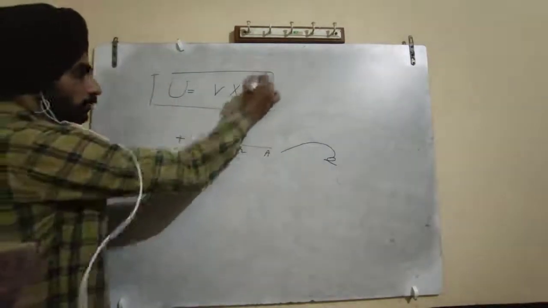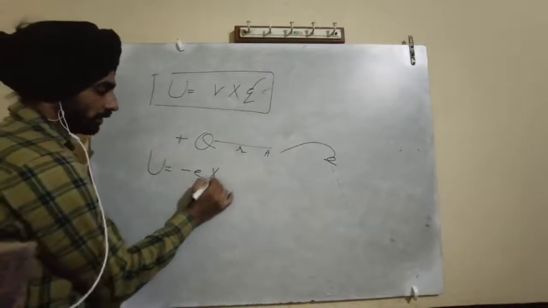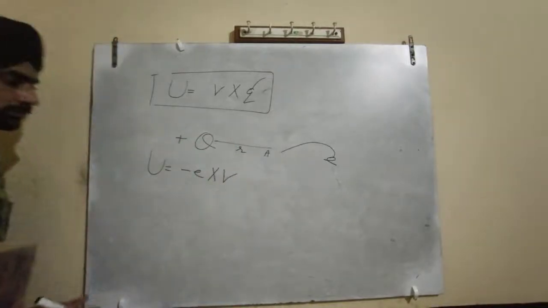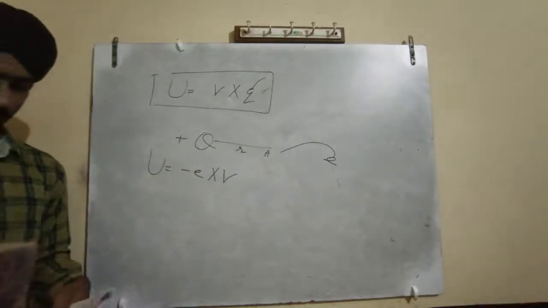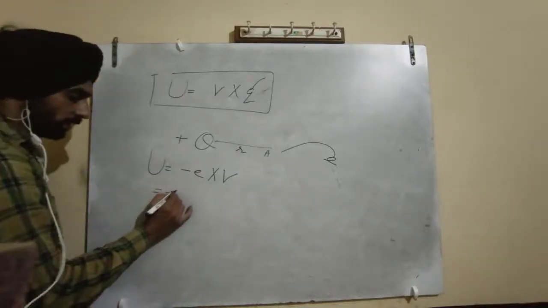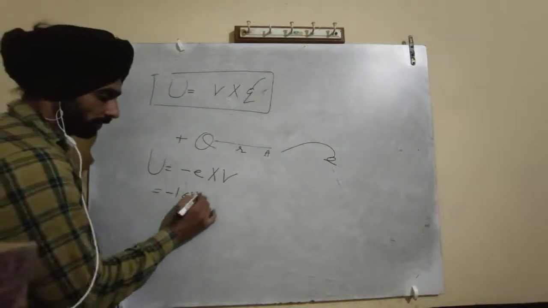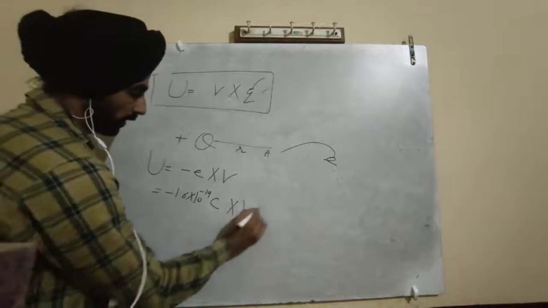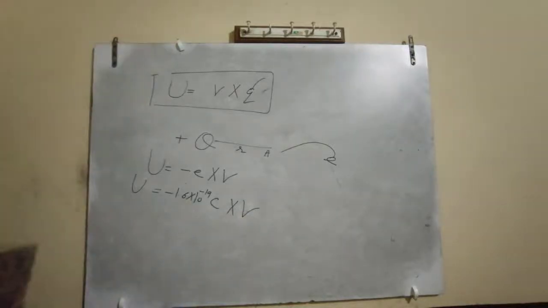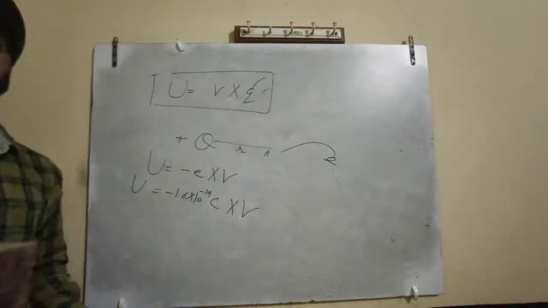What will be the charge on the electron? Minus e into V, the potential at A. So this will be the energy stored in an electron. Remember this thing. And what is the charge on the electron? Minus 1.6 into 10 to the power minus 19 coulomb, into V. So this is the energy stored in an electron which is brought from infinity in an external field.